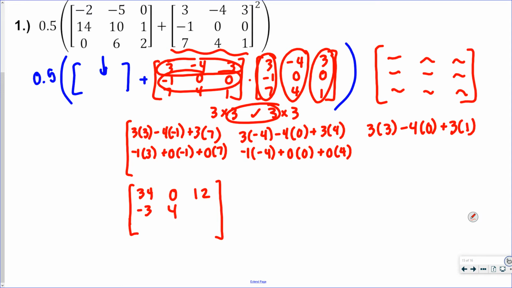No, what's going on, Bailey? Kinda. Negative, this times this. Yeah, that's what I got. Negative 3. It just takes practice.